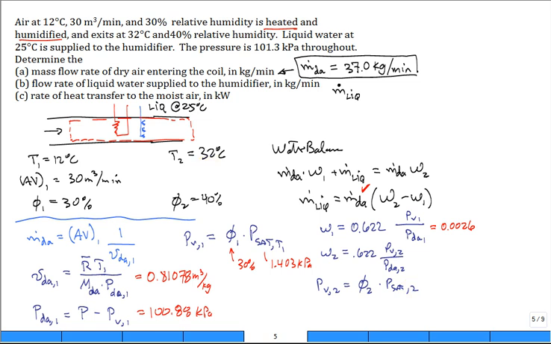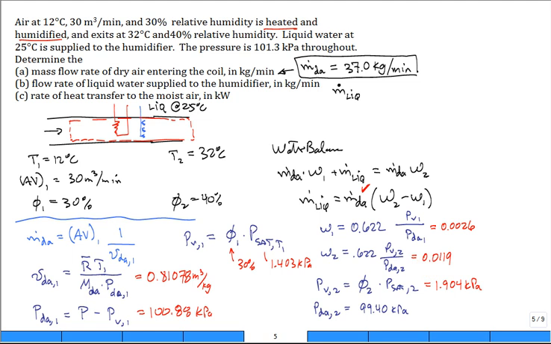Okay, so we can calculate the partial pressure of the vapor going out, 1.904 kilopascal. And then we can calculate the partial pressure of the dry air going out. It's 99.40 kilopascal. Then we can calculate omega 2, and it's 0.0119 kilogram vapor per kilogram dry air.